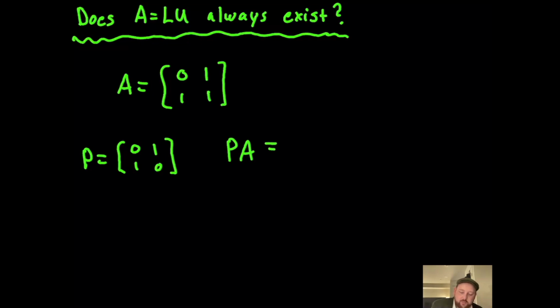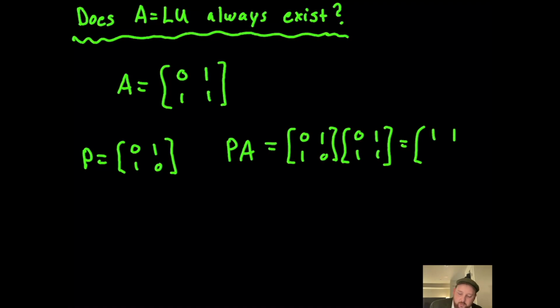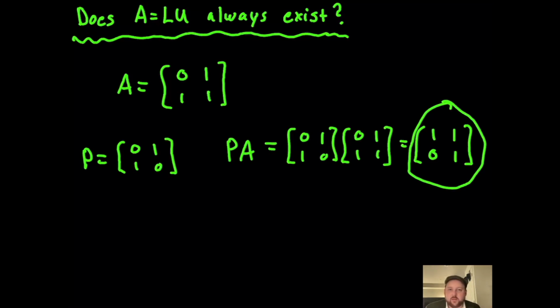what this permutation matrix does, maybe let's write it out. We'll get 0, 1, 1, 0, and then times 0, 1, 1, 1. And the result is it just swaps the first and the second row. So we'll get 1, 1, 0, 1. Right? But now, if I look at this matrix, this is very easy to do the LU decomposition of.